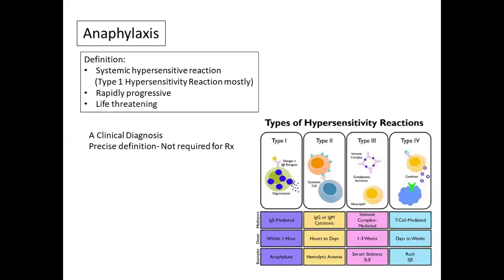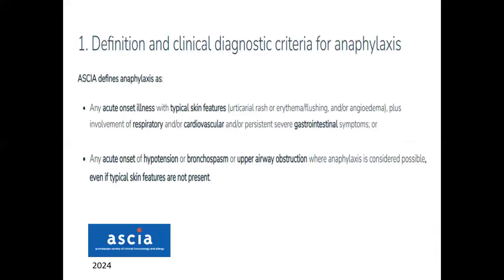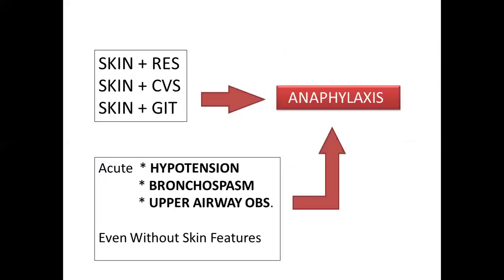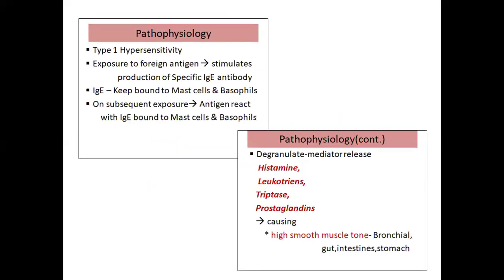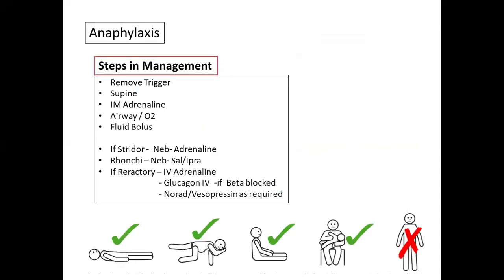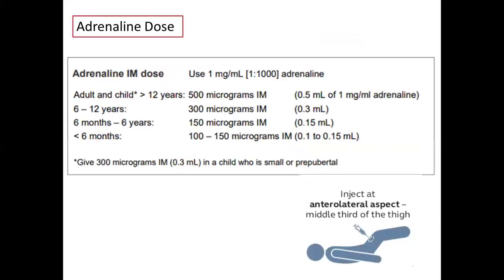So what are the complications of status epilepticus? Immediate and late complications. What are the immediate complications of status? Continuous muscle activity causing muscle damage. Rhabdomyolysis, potassium leak, acidosis, hyperthermia. Why hyperthermia?